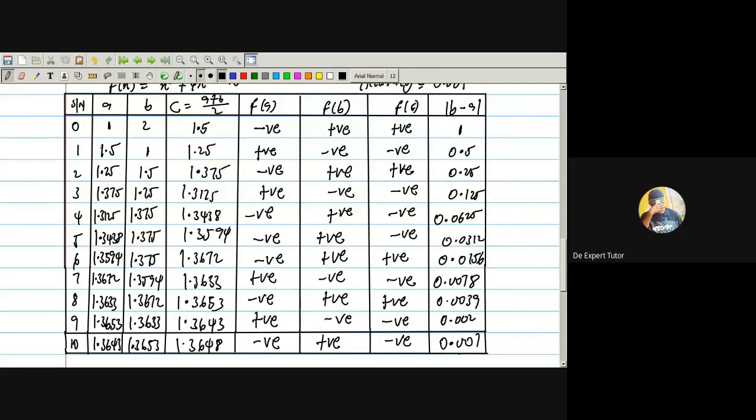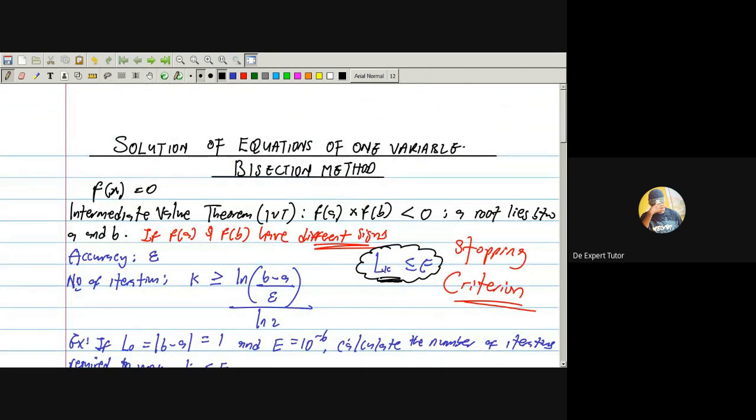This is where we have to stop the iteration. At the 10th one is where we are going to stop. Now observe the stopping criterion. Stop when L of K, which is the difference of this and this, is less than or equal to the accuracy they gave you.